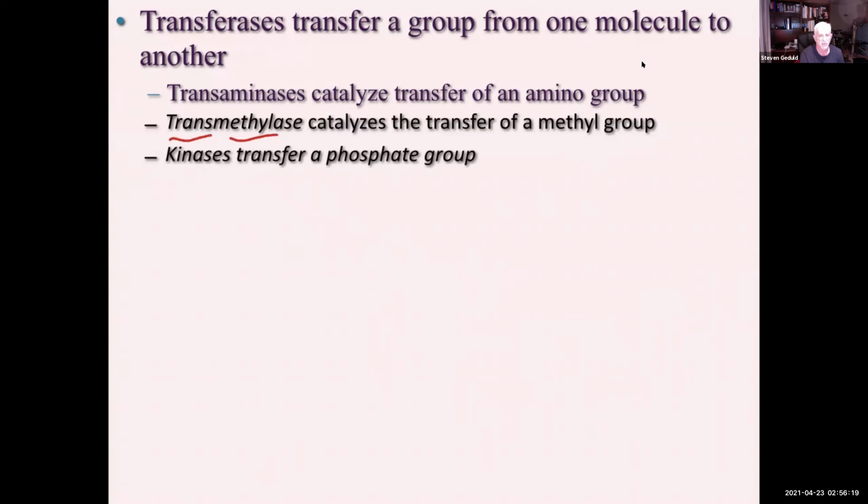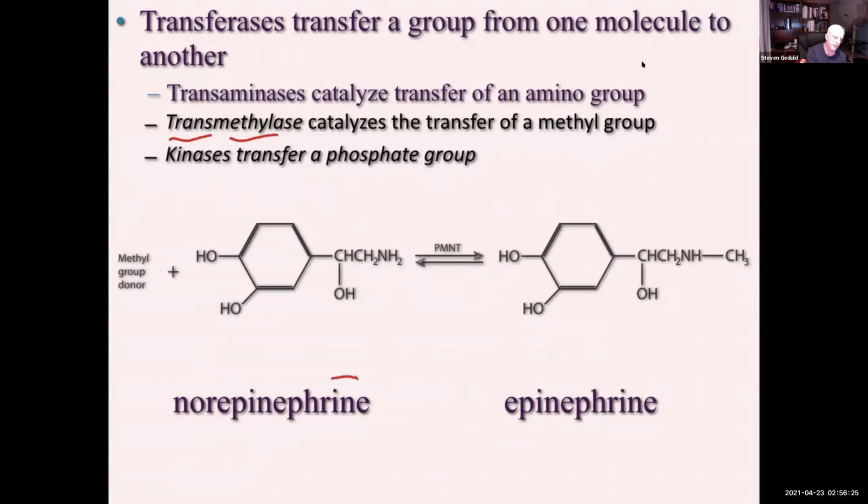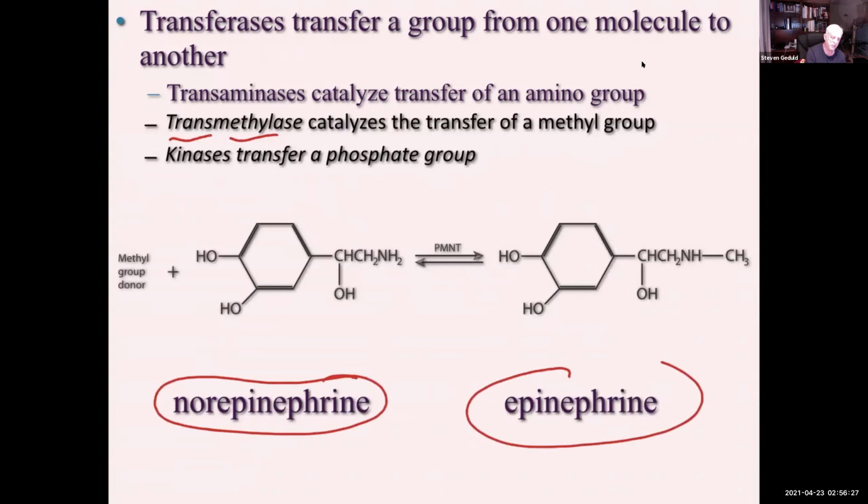ASE means an enzyme. Kinases transfer a phosphate group. Okay. This is norepinephrine converted into epinephrine. That's a group being transferred from one molecule to another. You can see a methyl group has been transferred onto that nitrogen.